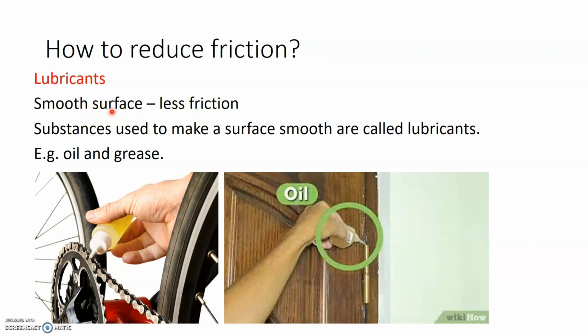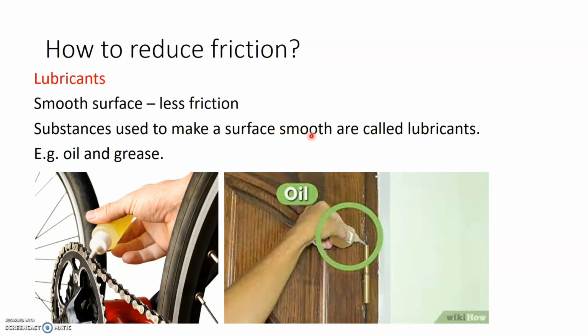Now, if you want to reduce the friction of a surface, the first thing we can do is to make the surface smooth, because smooth surfaces will have less friction. How do you make a surface smooth? This can be done by the use of lubricants. So lubricants are substances that are used to make a surface smooth.